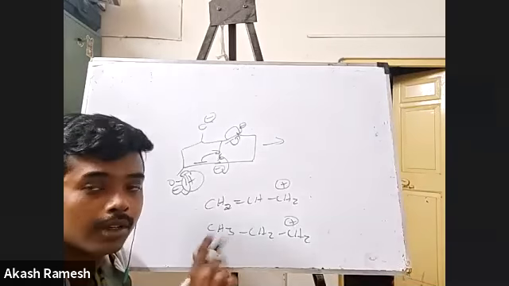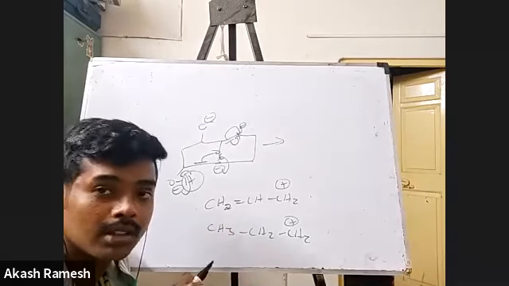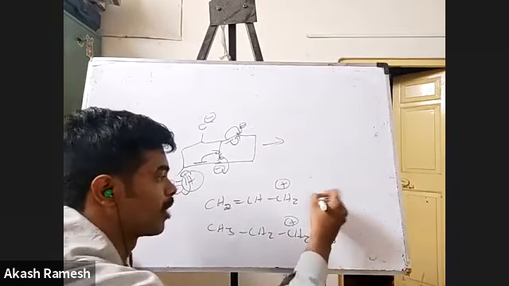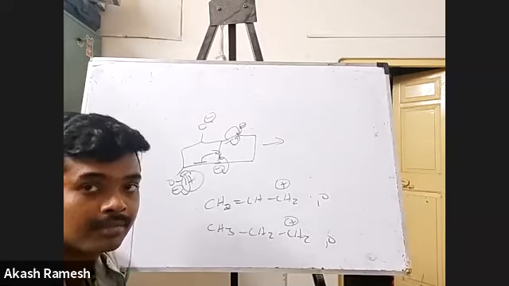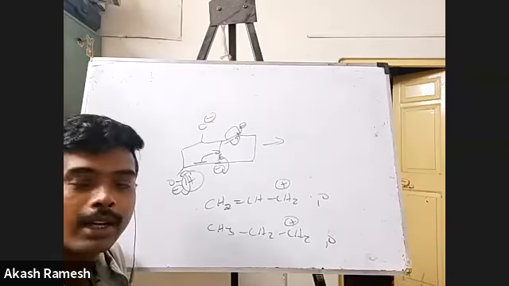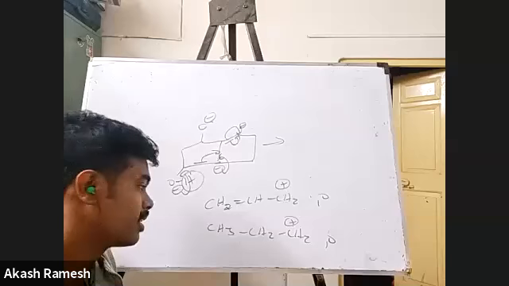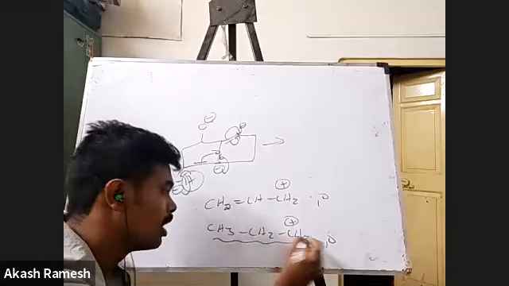Now, what if you didn't know resonance, what will you see? Both are primary carbocations. Obviously, the inductive effect will not help here. In this particular case, only the inductive effect is possible.